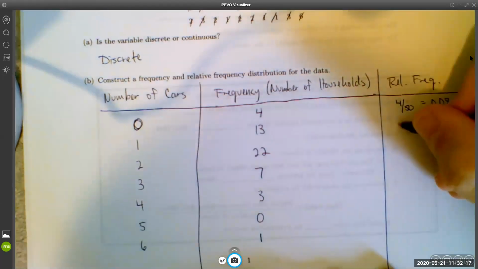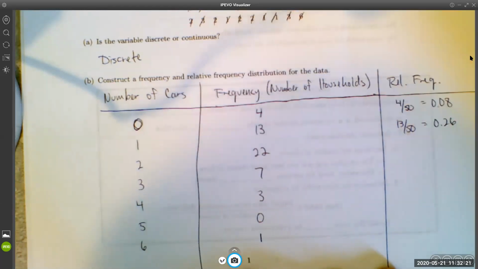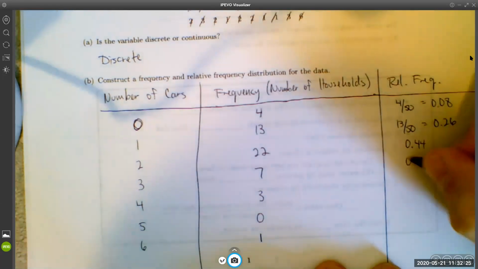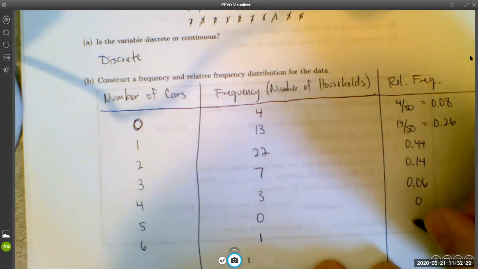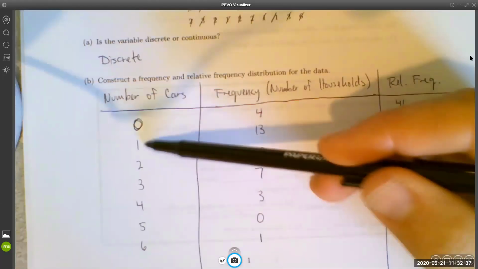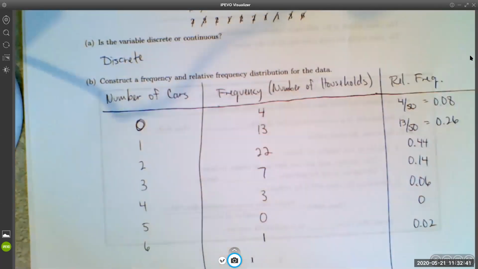We would divide 13 by 50, and that would give us 26% of households, right? And so forth. Here we would get 44%, 14%, 6%, 0%, and 2%. Okay? So 26% of households had 1 car available to them, and 14% of households had 3 cars available to them, and so forth.